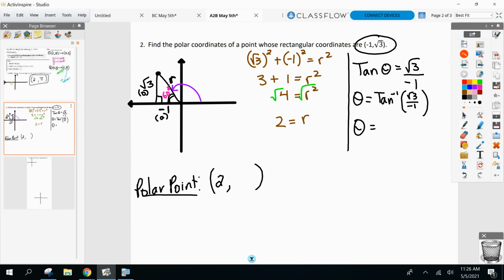This is why we did all that work on Thursday and Friday, where I gave you the reference angle and the quadrant, and then you gave me the angle back. So I got it. Reference angle is 60. It's got to be in quadrant 2. Think about how you're going to find the angle for me. With a 60-degree reference angle, but it's got to be in quadrant 2, how are you going to get to the angle I need?